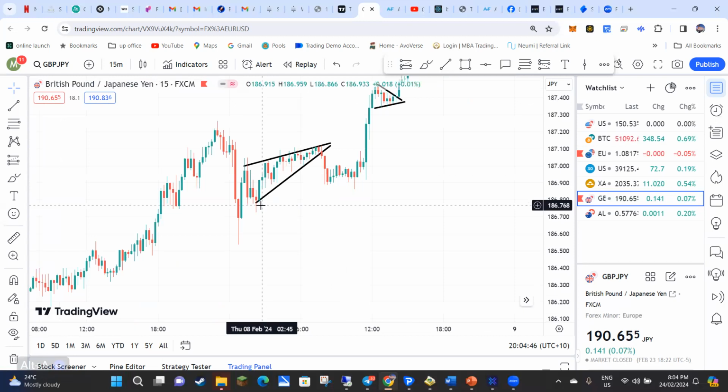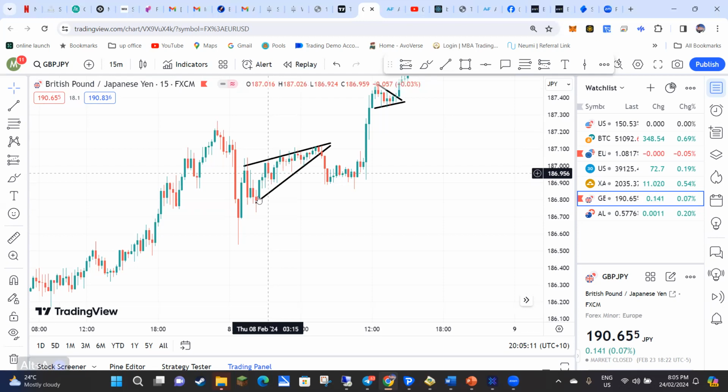this one here though isn't a flag because there's no flagpole or anything. But if we connect the high points and we connect the low points, we're getting a triangle. No, sorry, I don't want to call it a triangle. We get a wedge shape. But because the wedge shape is going up, the market most likely breaks down.